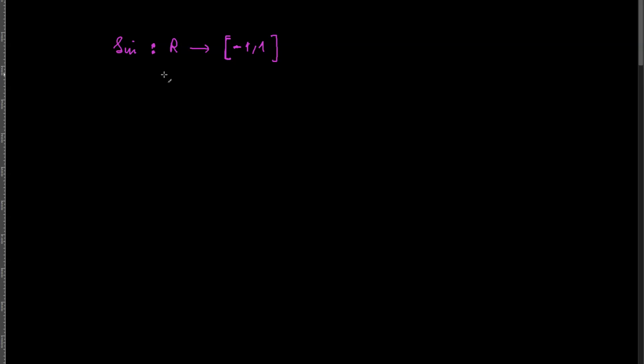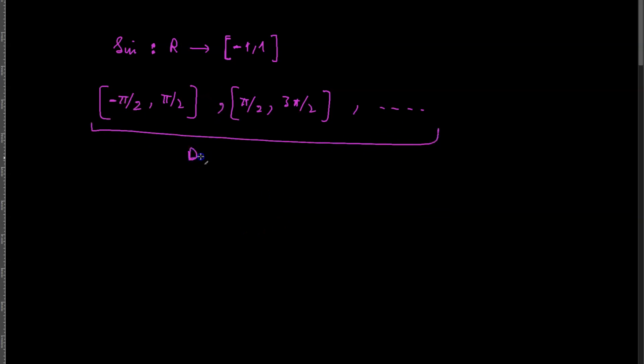So based on the discussion that we had, we can define the inverse of the sine function in each of those intervals. For example, you can go from negative π/2 to π/2, right? So you can take the domain as this interval, or you can take it as π/2 to 3π/2, or you can pick any interval that you want. This would be the domain of the function if you want the function to be invertible.